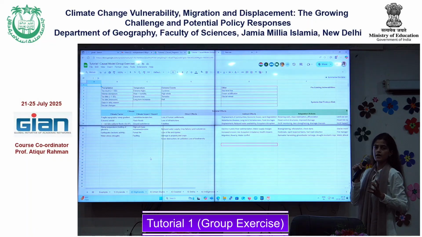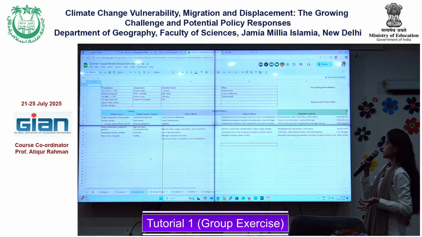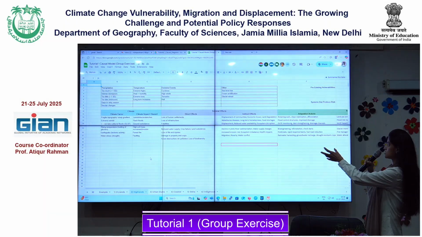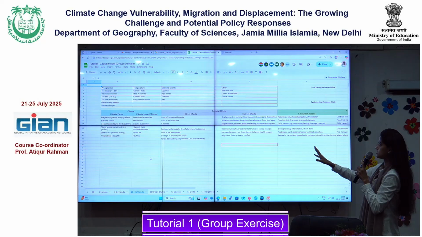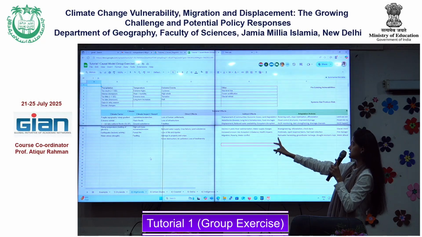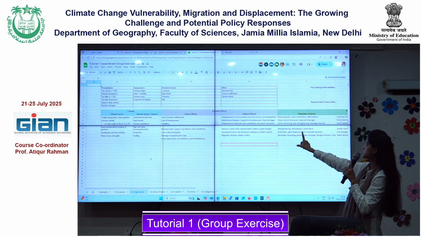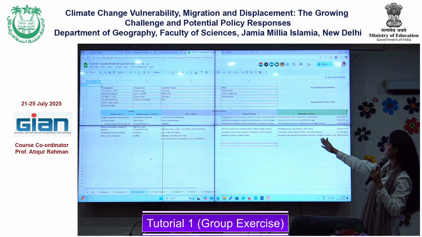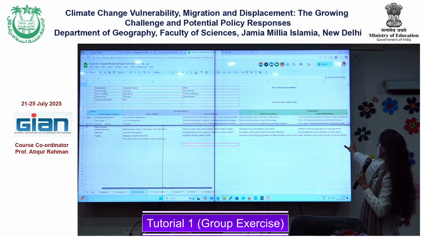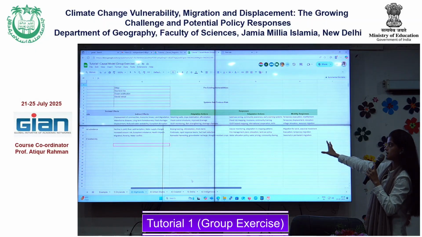So when it comes to highland or mountainous areas, we were given this well-tabulated form which had three headings: climate effects, societal effects, and the responses.